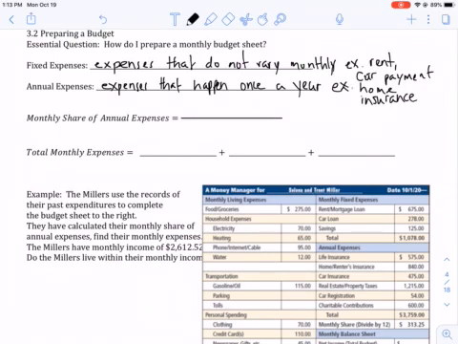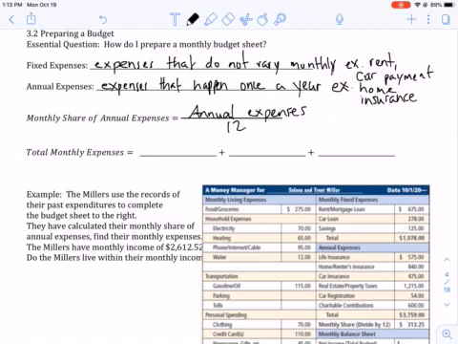But if we wanted to create a budget for the month, what we need to do is figure out a way to take our annual and turn it into a monthly. Well, annual is once a year, so you would take your annual expense and divide it by 12 months.